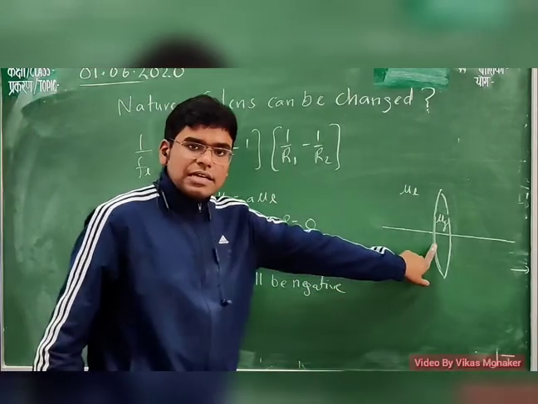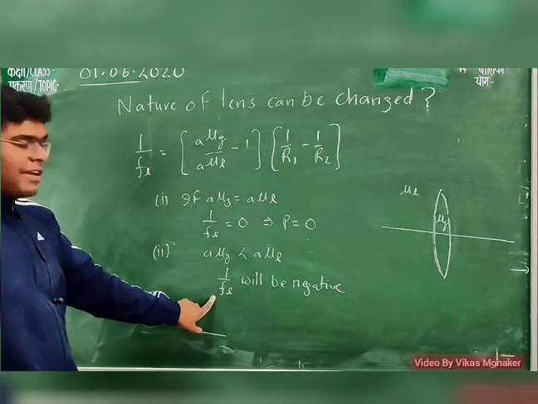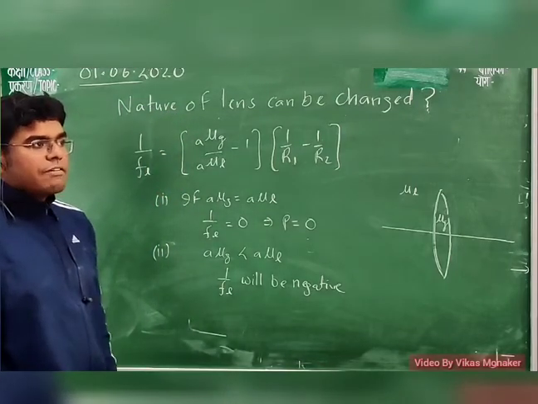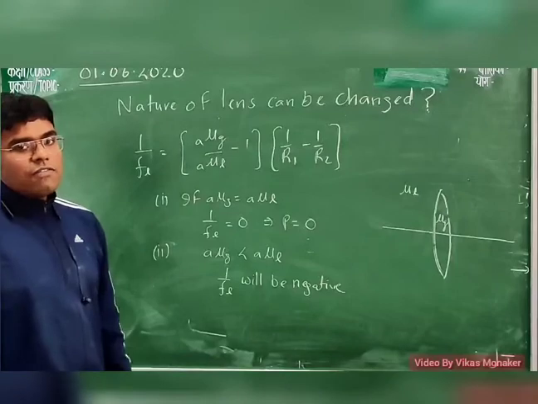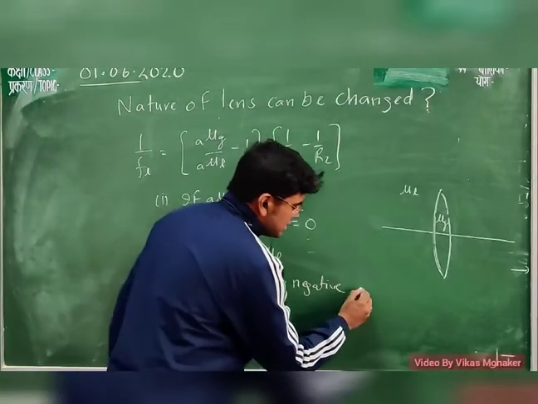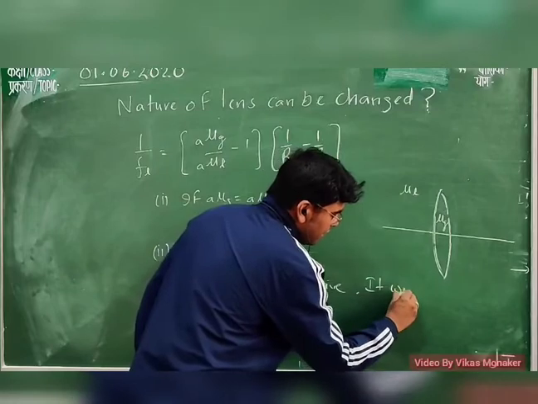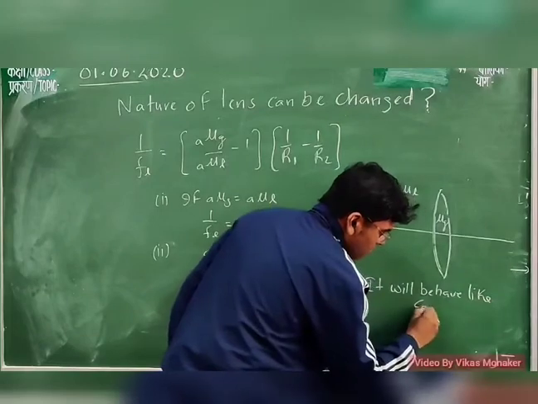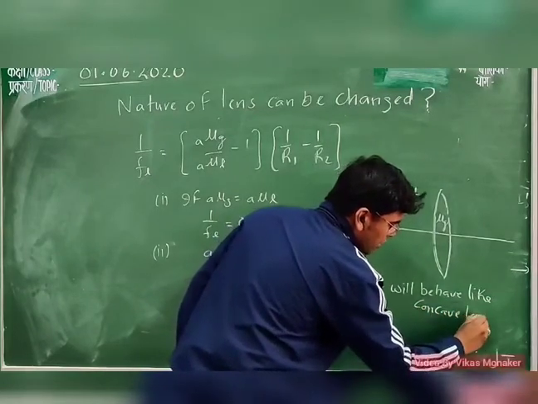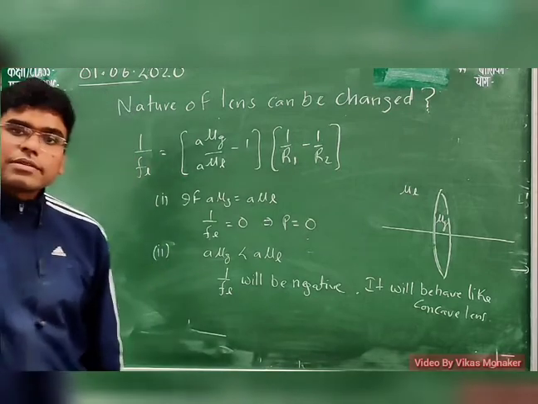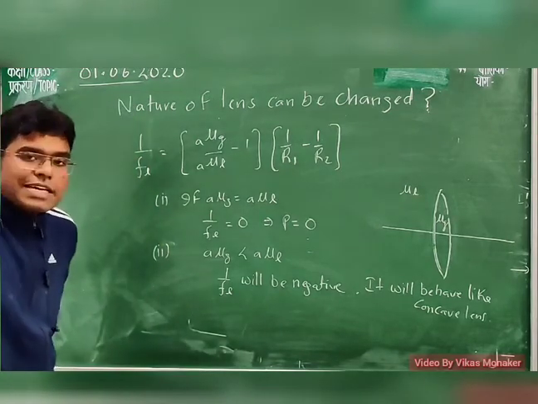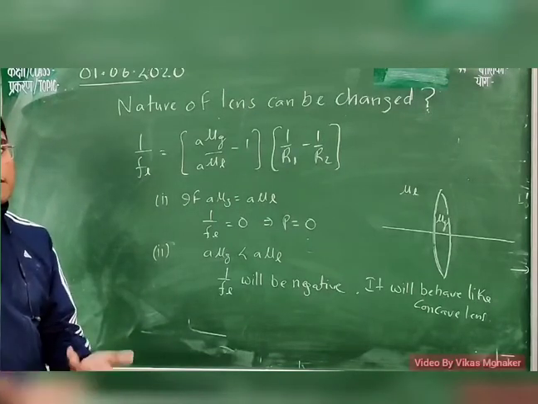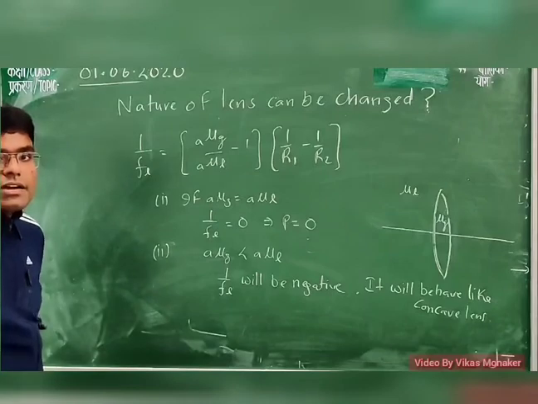It was a convex lens, and now 1 upon f l is coming negative, that is, the power or focal length is negative, which is that of a concave lens. So the nature is changing, and it will behave like a concave lens. So when you dip a convex lens in a solution whose refractive index is more, it will behave like a concave lens. If you dip a concave lens, it will behave like a convex lens.